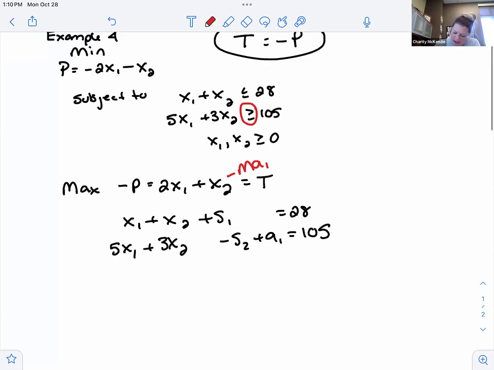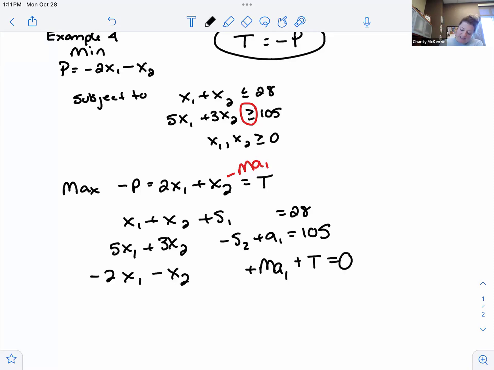So from here, to write this part right here, everything has to be over here with the P. Or the T, sorry, we want it to be a T. So over there with the T. So when I rewrite that function, be careful, it's going to become a negative 2x1 minus x2, and then it becomes a plus big M A1, which we write in the A1 row, plus our T equals 0.